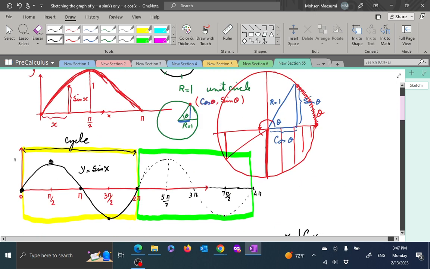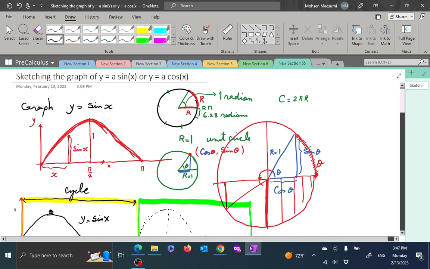Okay, so to understand this problem, we need to understand the graph of sine and cosine. The number in front is the multiple by which the graph is being scaled vertically. If that number is larger than 1, it's going to become taller.